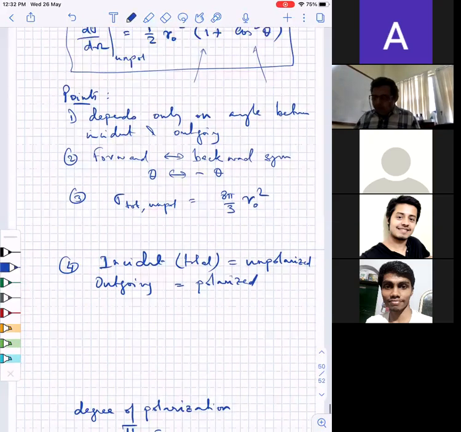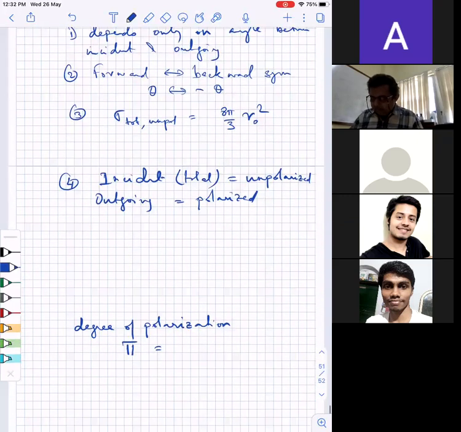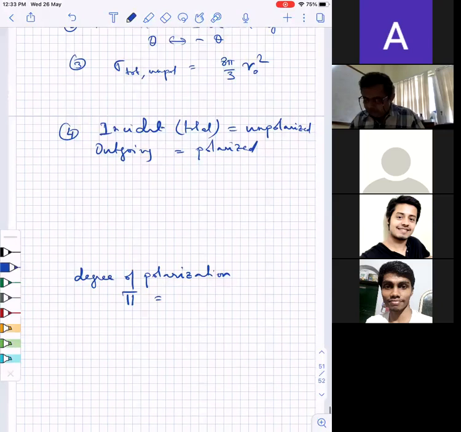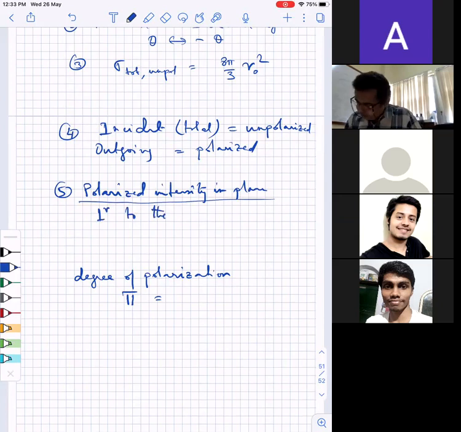So when you look at this equation, it tells you that if I take the ratio of the polarized intensity in the plane and perpendicular to the plane of scattering, this is basically cos square theta by 1.